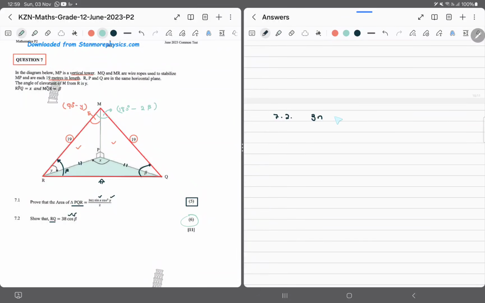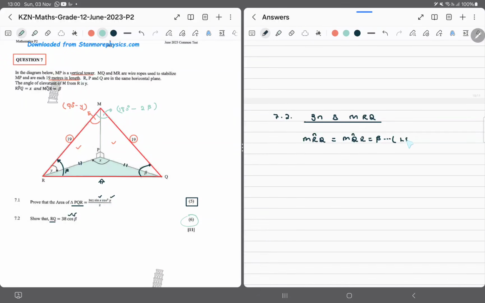7.2, we can simply say in triangle MRQ, what do we see in there? We will see that this angle MRQ must be equal to MQR, equal to beta.